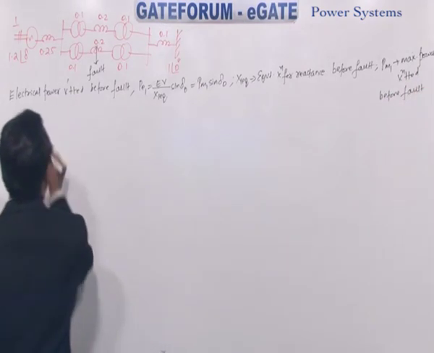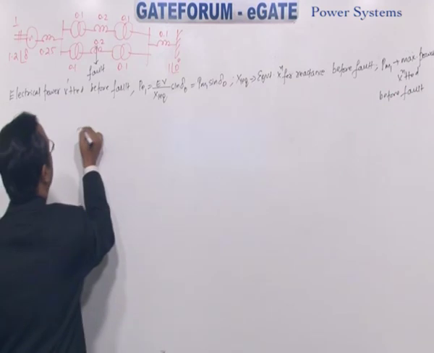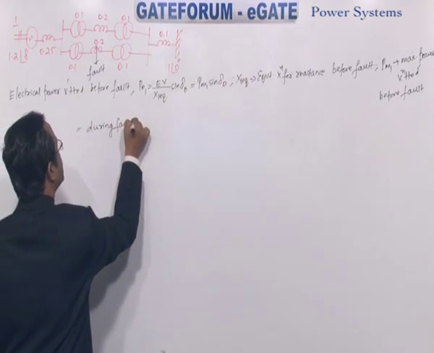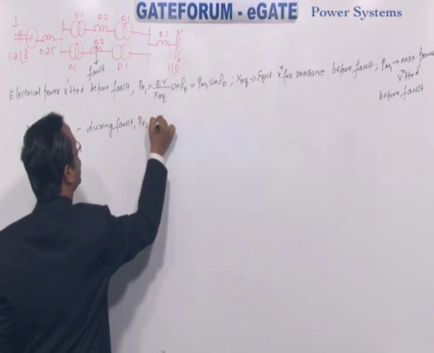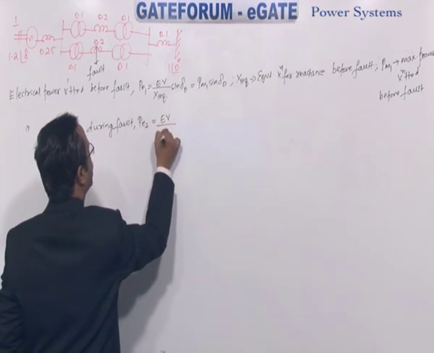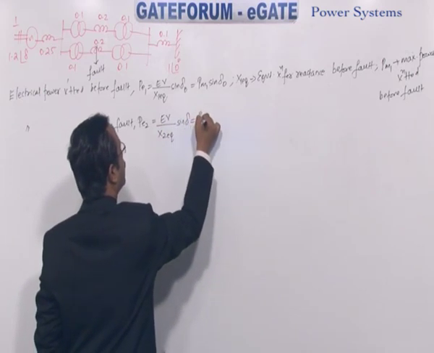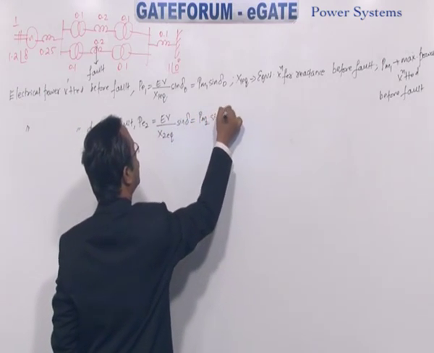Now the electrical power transmitted during fault, you indicate with the subscript 2. PE2, how do you write? EV by X2 equivalent sine delta, that is PM2 sine delta.